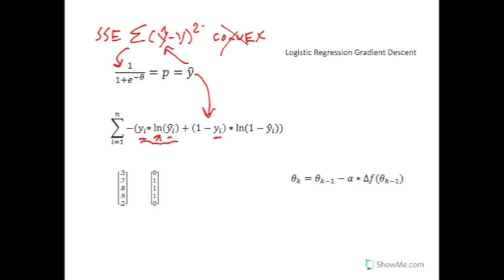If the actual observation is 0, then this term goes to 0, and this term will be evaluated. And this natural log of y hat, or natural log of 1 minus y hat, basically gives a benefit or a penalty as you get closer and closer to the correct answer.